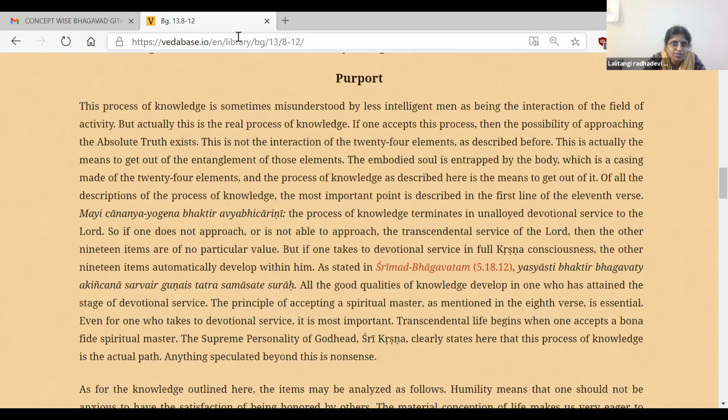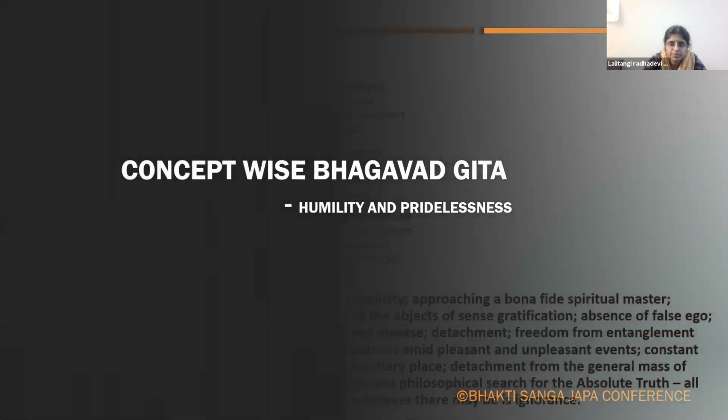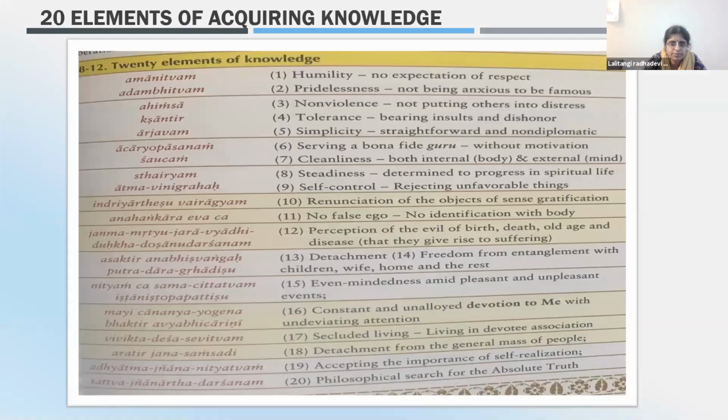So, going back to okay. So here is a mapping of these 20 elements of knowledge.